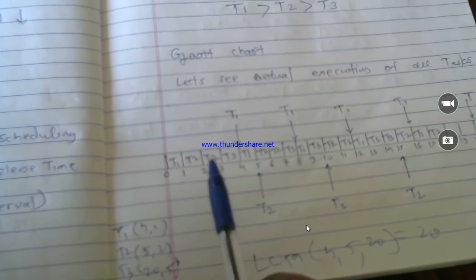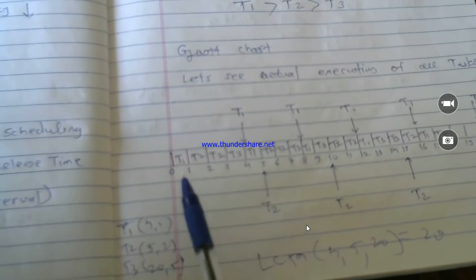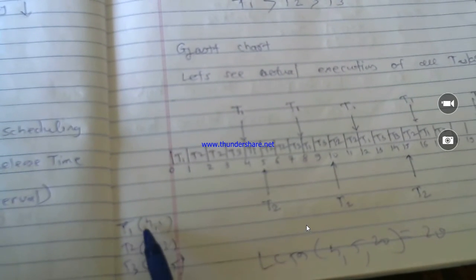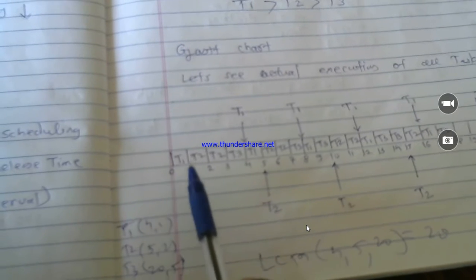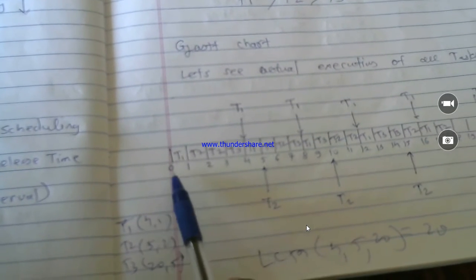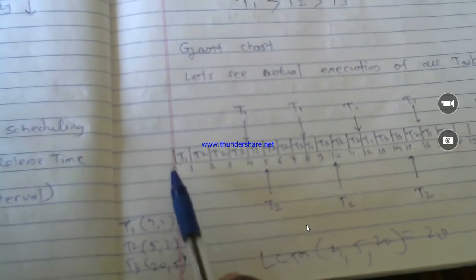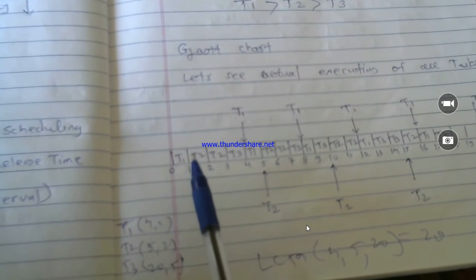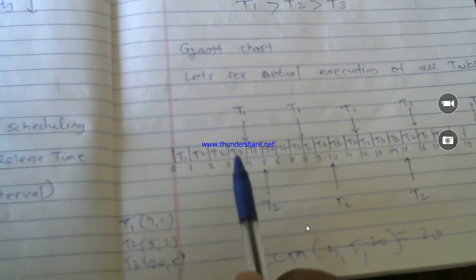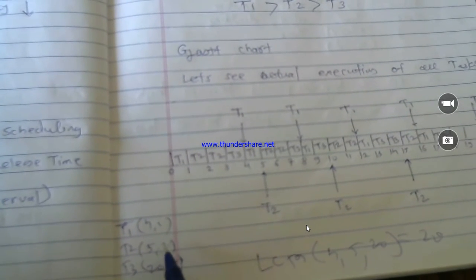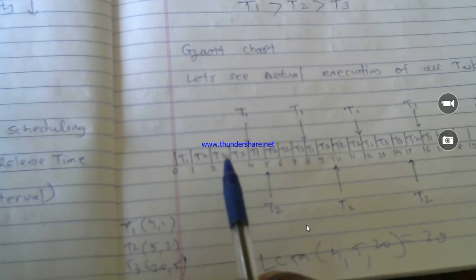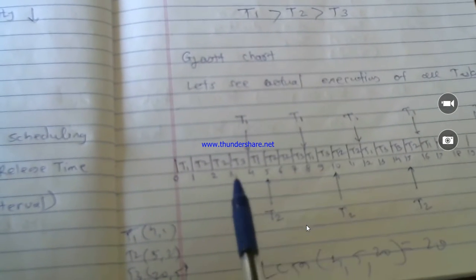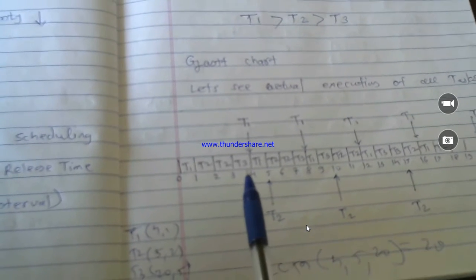Then what will be next? Can I write T1? No, I cannot write T1, because the total period of T1 is 4. Up to 4 I cannot take task 1, and I cannot allocate the resources for T1. And as execution of T2 is already over, which one is remaining? T3. So I am going to write T3 over here.